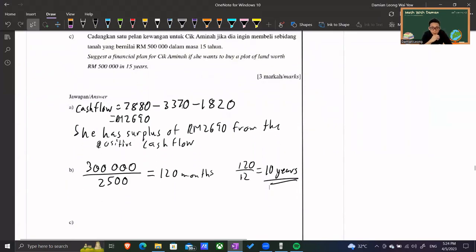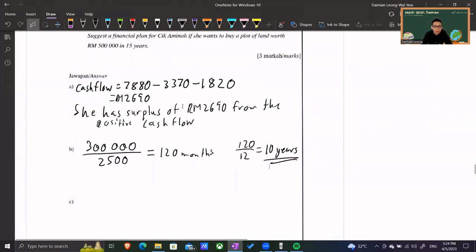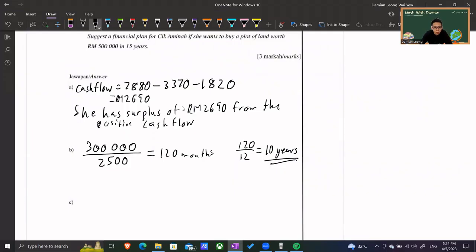So suggest a financial plan for Cik Amina if she wants to buy a plot of land worth 500,000 ringgit in 15 years. So 500,000 divided by the number of months in 15 years.